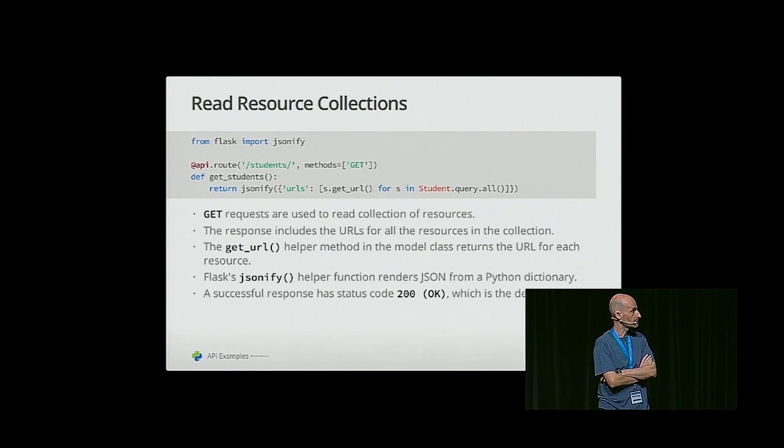So that ends up being a list of URLs. I put that in a dictionary with the key name URLs. And then that dictionary gets JSONified. This is a Flask helper function that converts a dictionary to JSON format as a string. And then that's the response. That's what the client gets, a list of URLs.